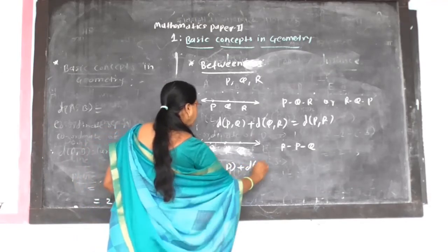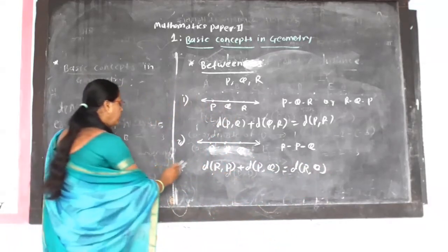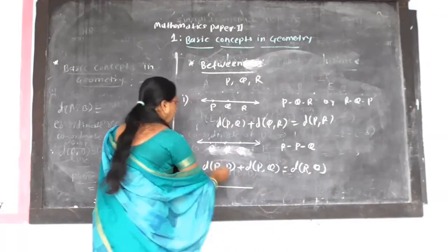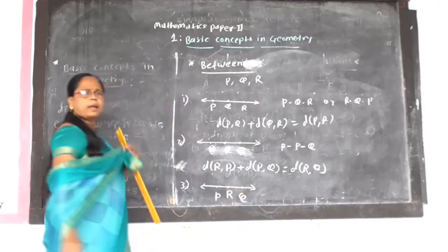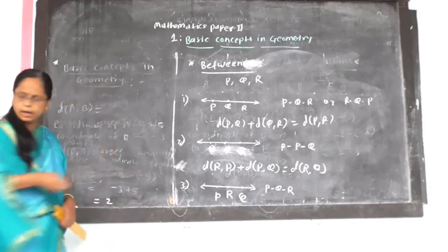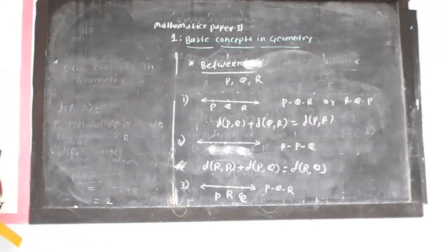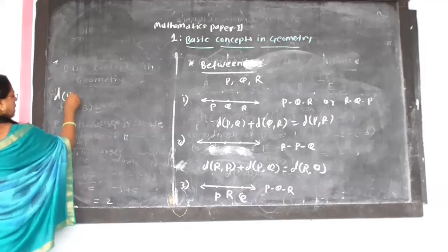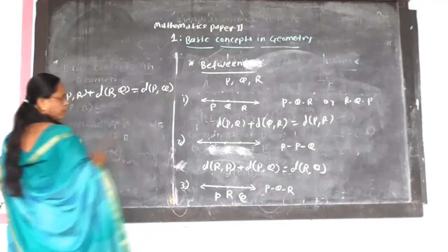Then the third possibility is that R lies between P and Q. This is written as P-R-Q, and is denoted by distance PR plus RQ is equal to distance PQ.